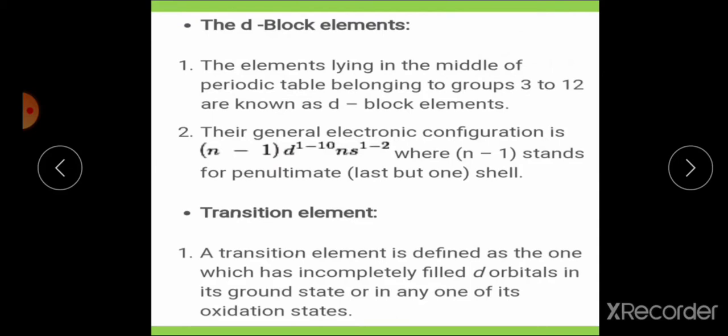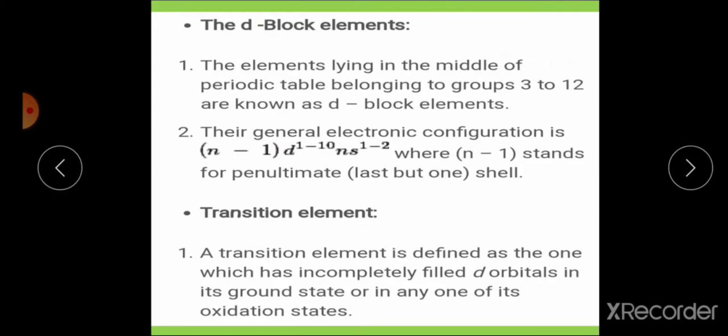A transition element is defined as an element which, in the ground state or in any of its oxidation states, has an incompletely filled d orbital. They have one or more unpaired electrons in their d orbitals. The general electronic configuration of d block elements is (n-1)d 1 to 10, ns 1 to 2.